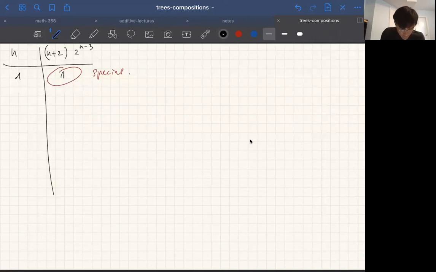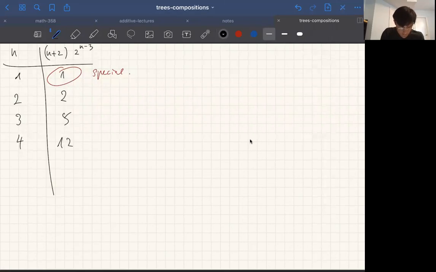Okay. But for 2, n plus 2 is 4. 2 to the n minus 3 is a half. So it's 2. For 3, it's 5 times 1. That's correct. 4, it's 6 times 2.